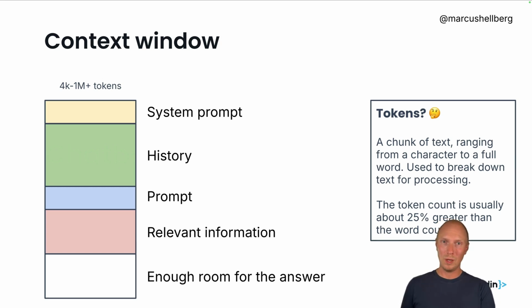So conceivably, we could start adding a lot of information in this context to the LLM. Now, the problem there is that we're getting charged by the amount of tokens that we use. So we have an incentive to not use more tokens than we absolutely need. And for the most part, the LLM is going to be more efficient and good at answering the question if we only provide relevant information, as opposed to adding all the information in the world to that prompt. So it's good to keep that in mind.